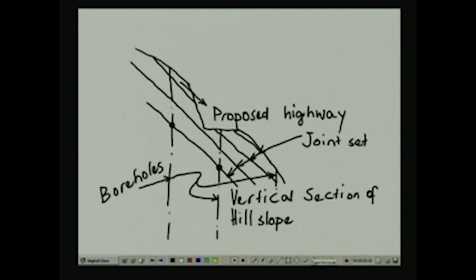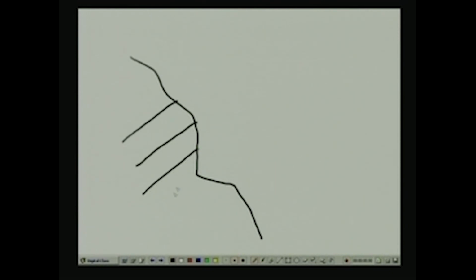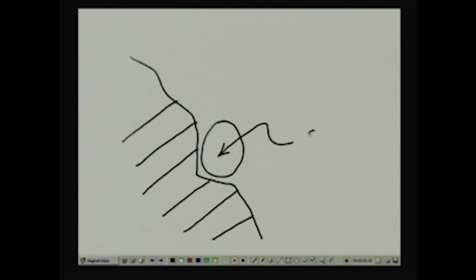Instead, what we also learned earlier is that a preferable orientation of the joint set would be like this. If the joints were oriented like this, and you have a steep cut at this location, then the cut is going to be relatively more stable. So, these considerations are verified from having a well laid out subsurface investigation plan.